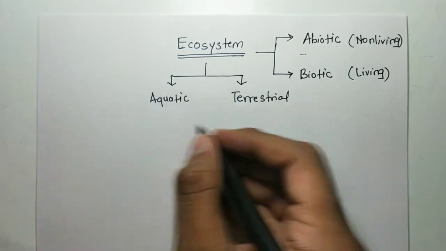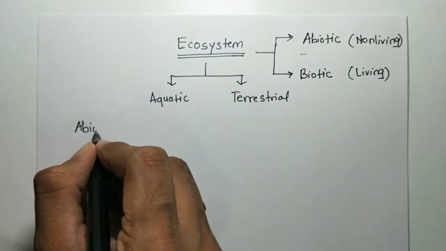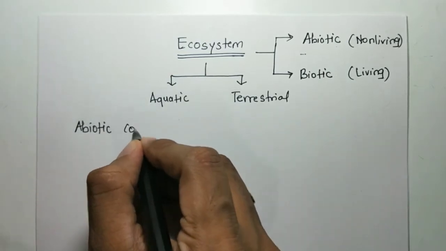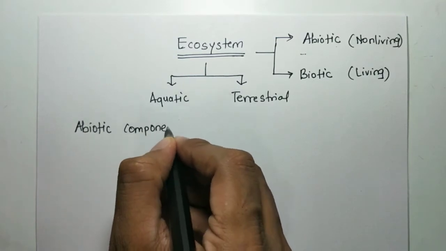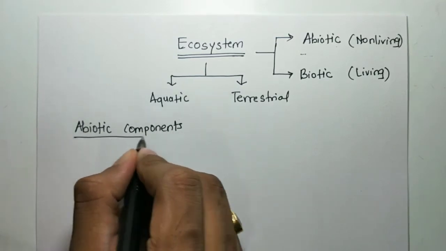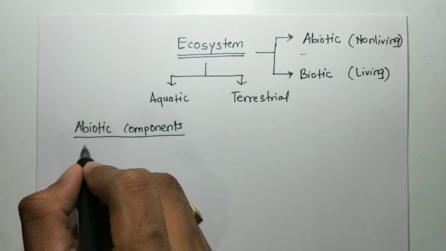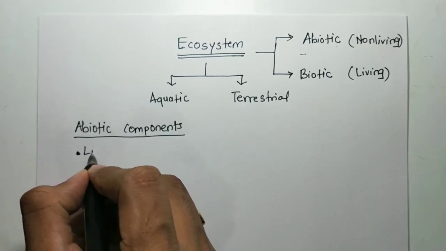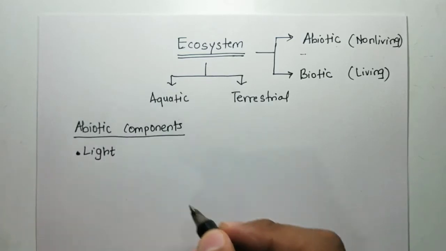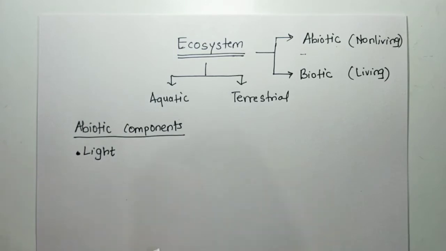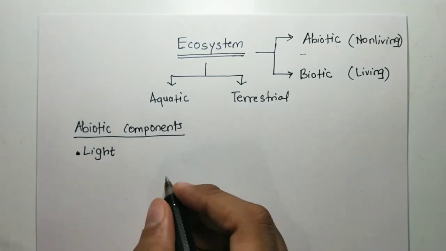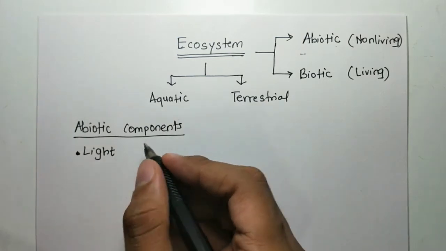So now what are the different abiotic components? Now these are very simple, which you have known. That is, first is light. Now you know sunlight which we get on earth is very essential. Why?